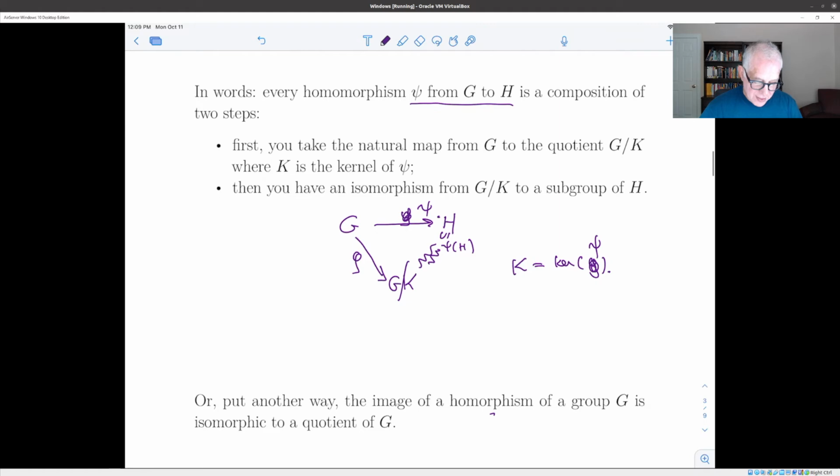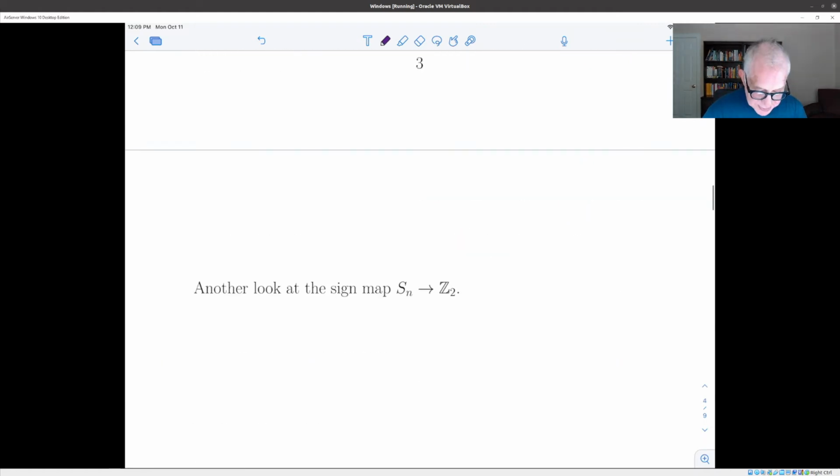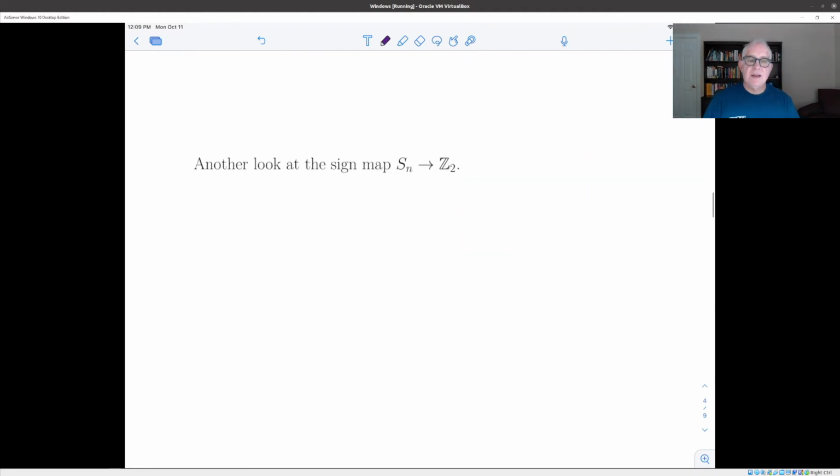Okay, well, maybe it helps to look at some examples. So go back to the examples we looked at before, but now let's look just at the homomorphism. Here the homomorphism is the one that I talked about earlier, where phi of sigma is 0 if sigma is even, and phi of sigma is 1 if sigma is odd.